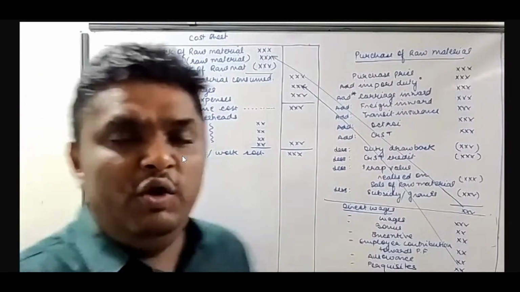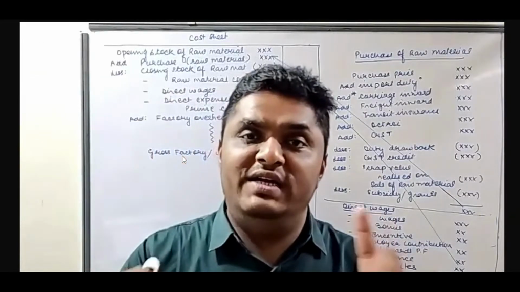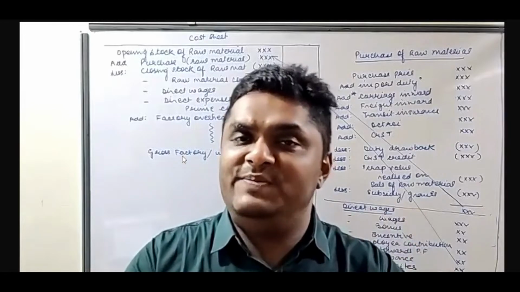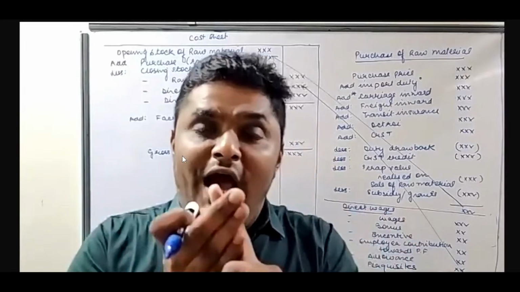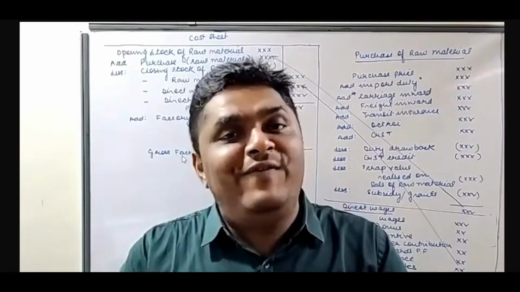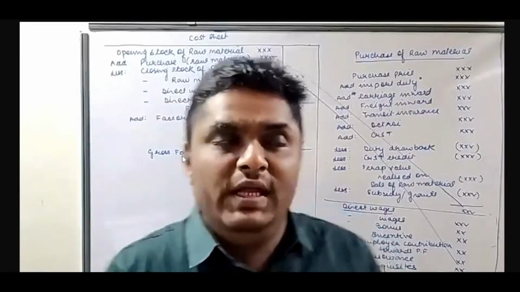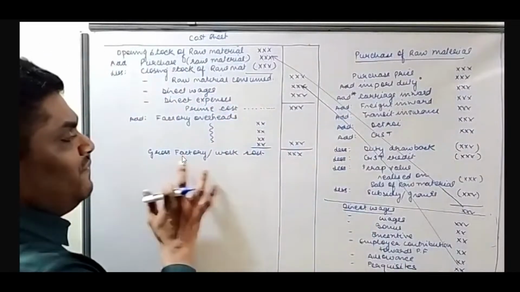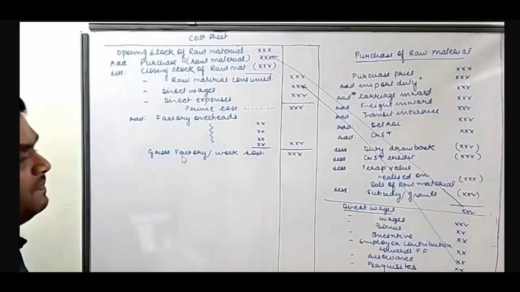So the first thing you have to do is calculate the prime cost, that is direct material, direct labor and direct expenses. We will get the prime cost. After prime cost, we have to add all the factory overheads. After adding the factory overheads, we will get the gross factory or work cost.